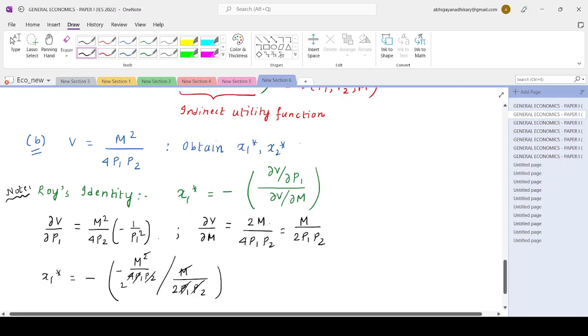So this was p1 square. Sorry, there's a small mistake, let me rewrite this part. The m square will remain, and over here we have p1 square, so 4 p1 square p2. p2 will cancel out, one m will cancel out, and the 2 will cancel out. So you basically have m by 2 p1. This is the optimal demand for x1.